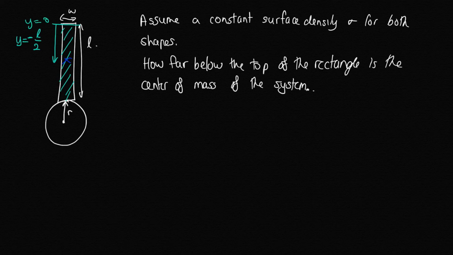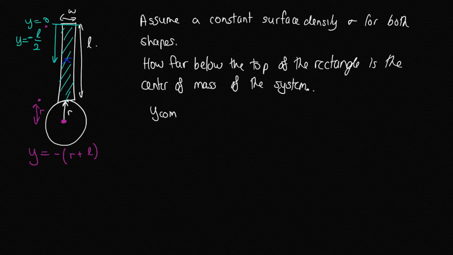Now for the circle down here, our center of mass is right in the center of the circle. This is a distance r, and from here to here is distance L. So the y for the circle's center of mass is equal to minus, we've got the radius plus the length, and the negative because it's down below, just because of how I've drawn the figure. So what we're trying to do is find the y for the center of mass.